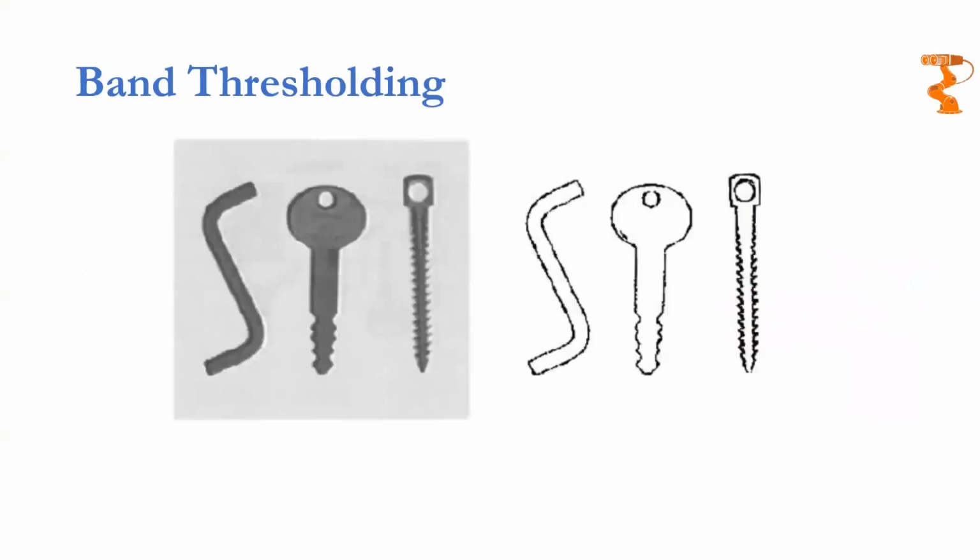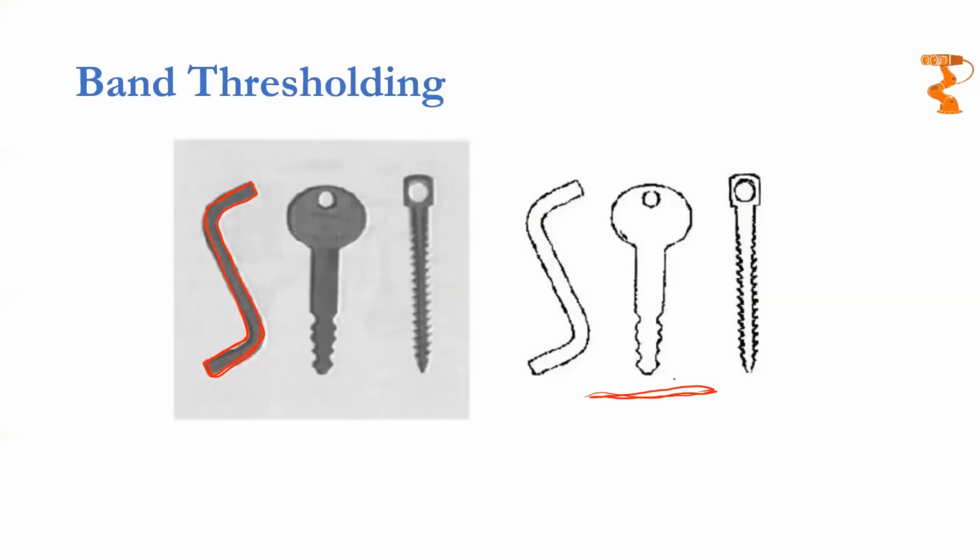For example, in this image, these pixels present over here like this will have values different from the object and the background. So if you can figure out this interval, then you can apply band thresholding and get this kind of boundary detection.